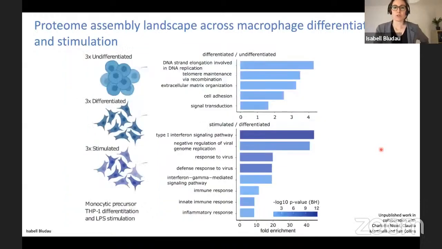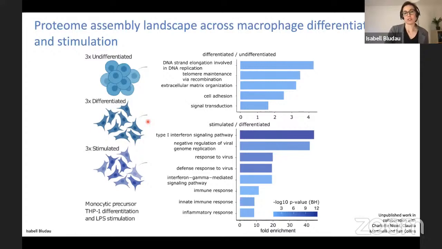Now I would just want to show briefly what kind of biological mechanisms we could detect in this setup of macrophage differentiation. We could see that generally the proteins that underwent any kind of assembly rearrangements are enriched for terms related to extracellular matrix organization and cell adhesion, which makes sense regarding the morphologic change that the cells undergo during this differentiation process.